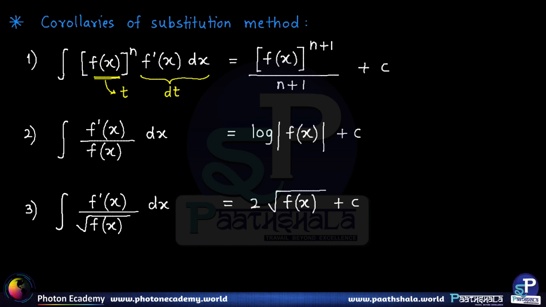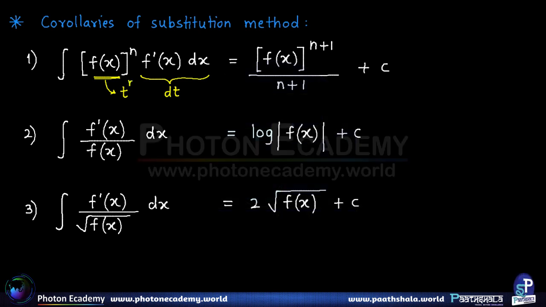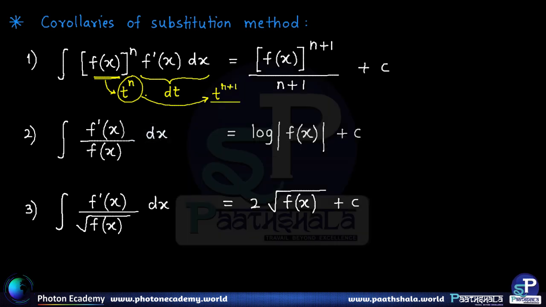So the function that we want to really integrate is t raised to n with respect to t, and we know that the integral of t raised to n is t raised to n plus 1 whole upon n plus 1, because that's a standard result. So lastly we can replace back t with f of x, and we get the result as shown here.